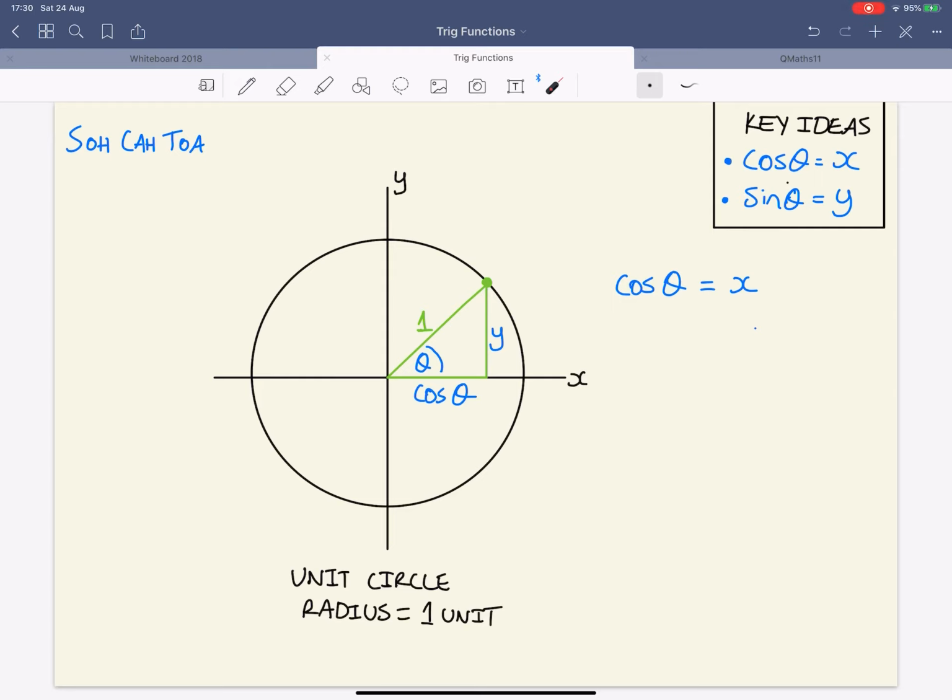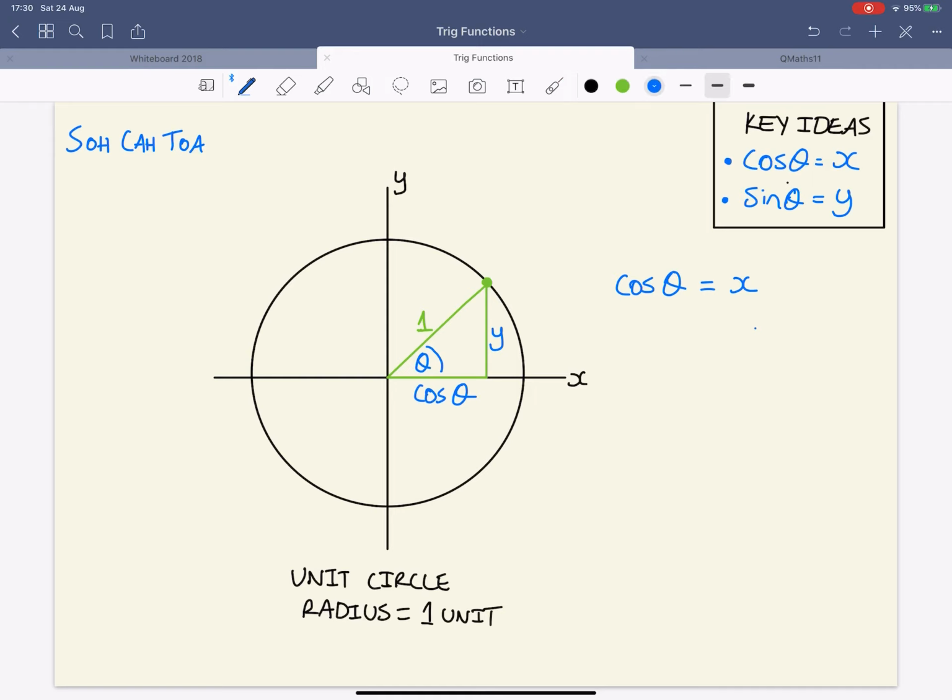Because when we go ahead and try and find the sine of this angle, well, the sine of an angle is just the ratio between the opposite side and the hypotenuse, right? So the opposite side of theta is y, and again, the hypotenuse is 1. So y divided by 1 is just y, right?